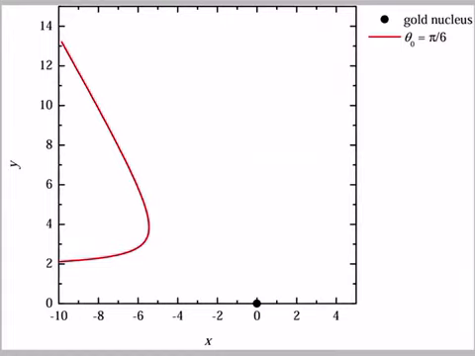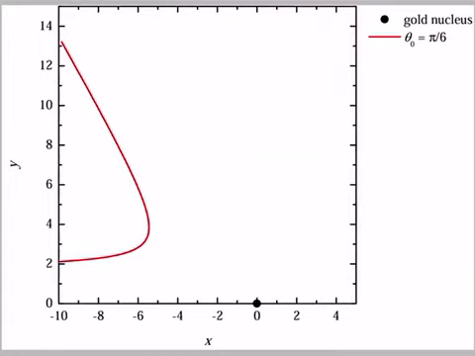That's a relatively small angle, and that means the scattering is quite strong. The alpha particle comes in and gets deflected, not straight back, but it never goes to positive values of x.